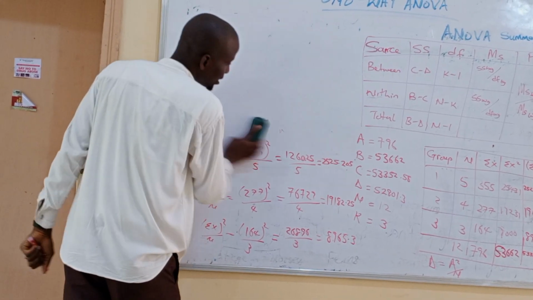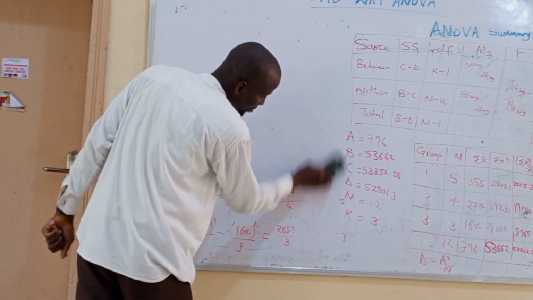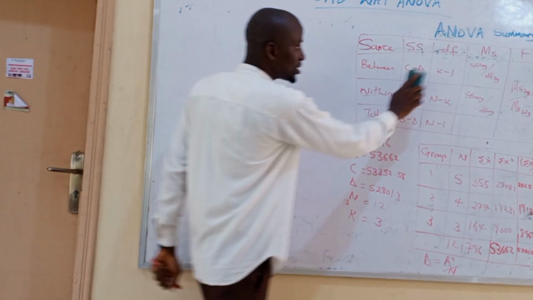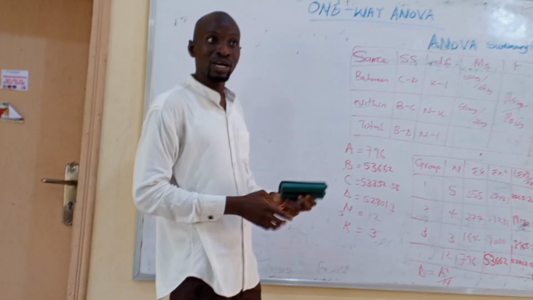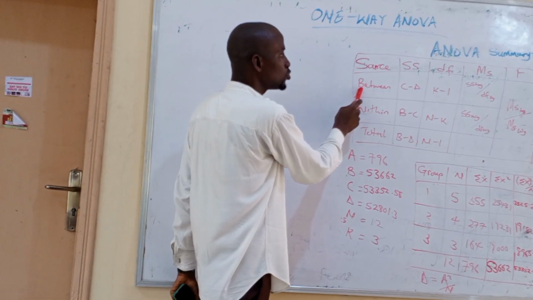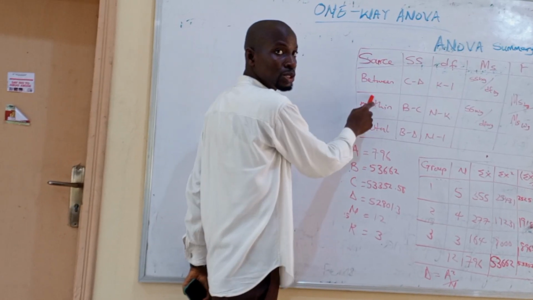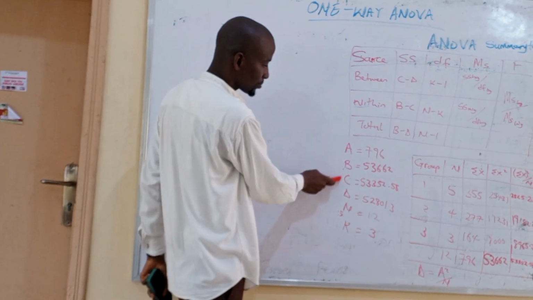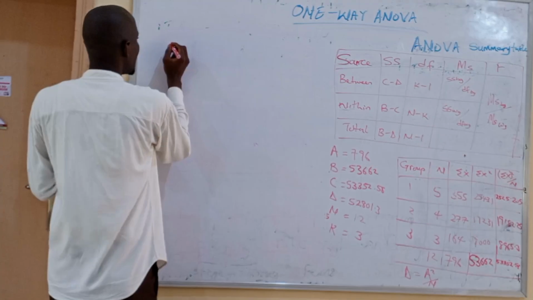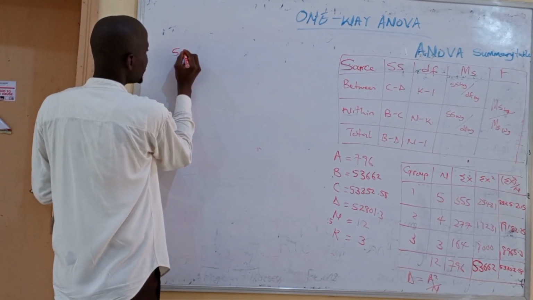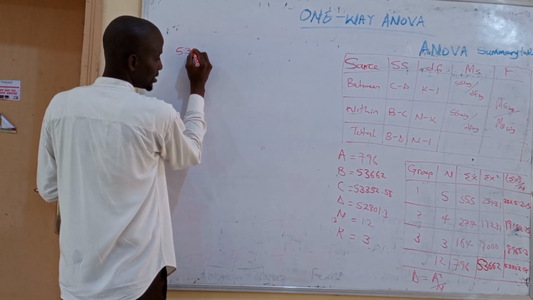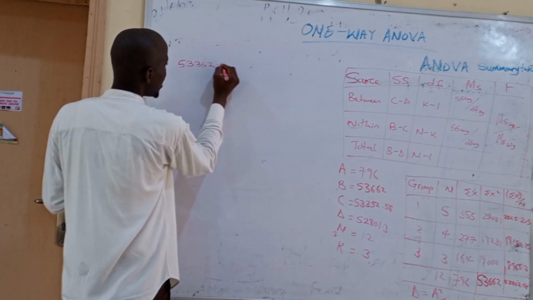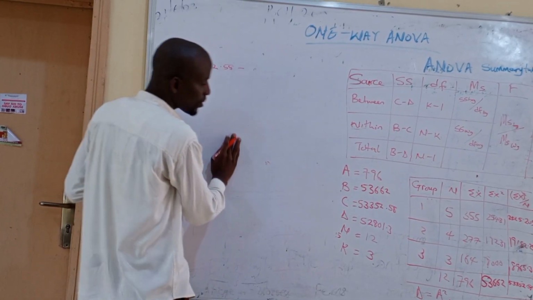More importantly, in our summary table, I am not going to rewrite. I will only be cancelling once we are done. Between group, sum of square between group, we say C minus D. What is our C? Our C says 53352.58 minus what is our D?